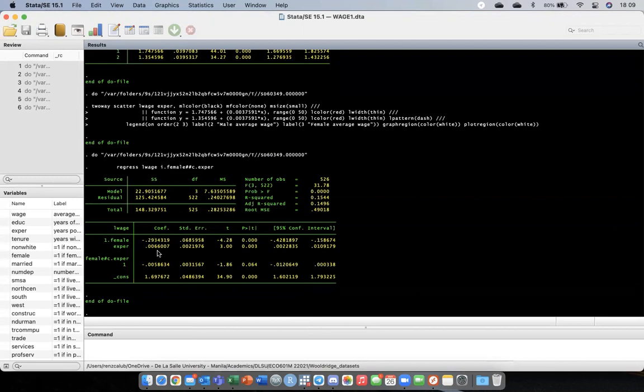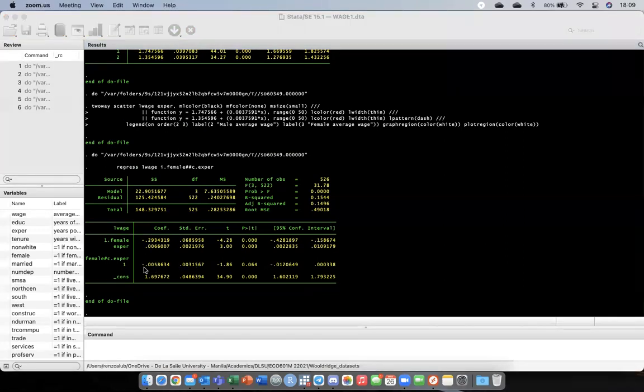Experience is increasing wages at a positive rate. But of course, given this interaction term, and it's significant at 10%, it means that the marginal effect of experience depends on whether the respondent is male or female.